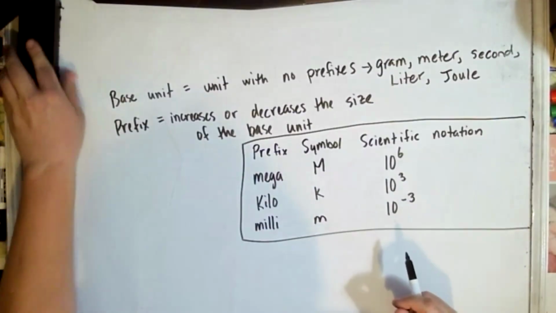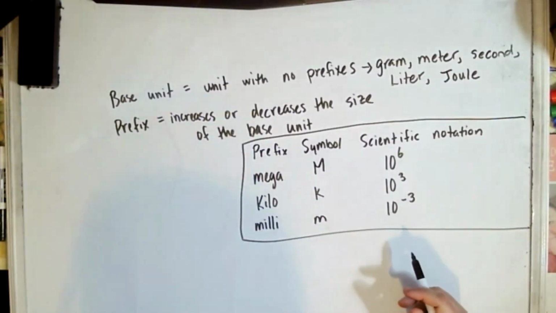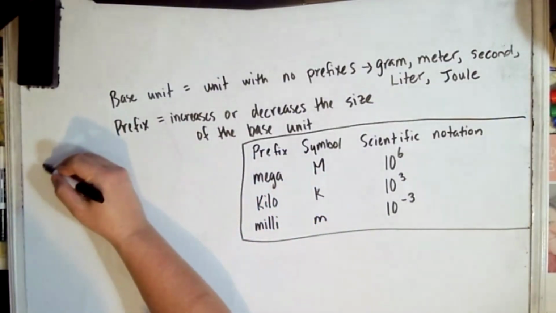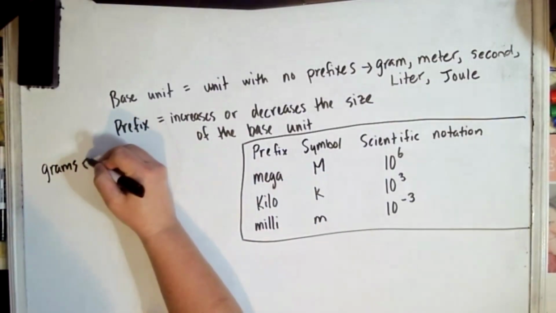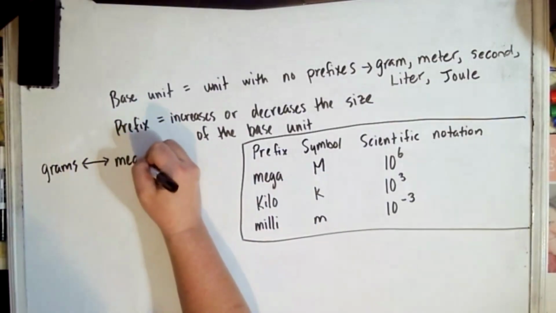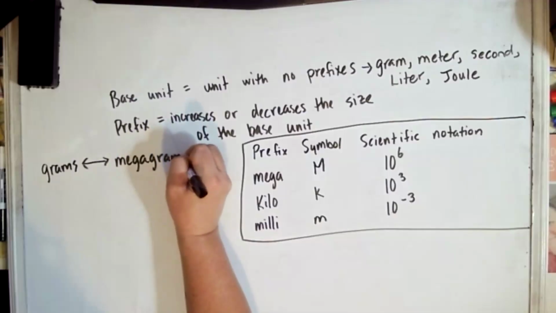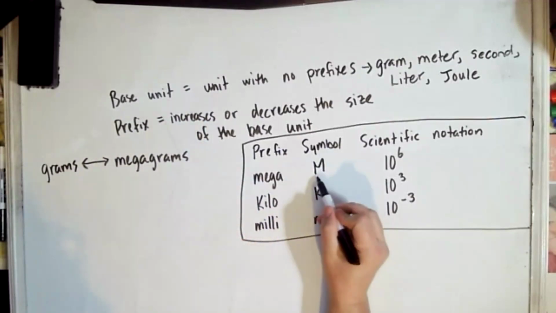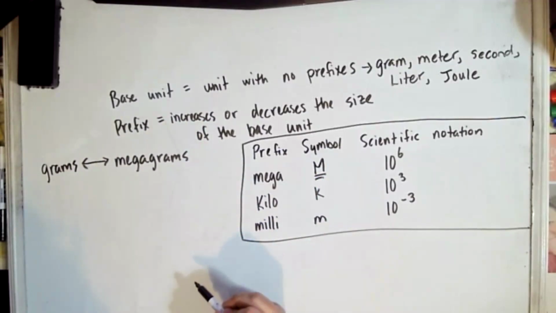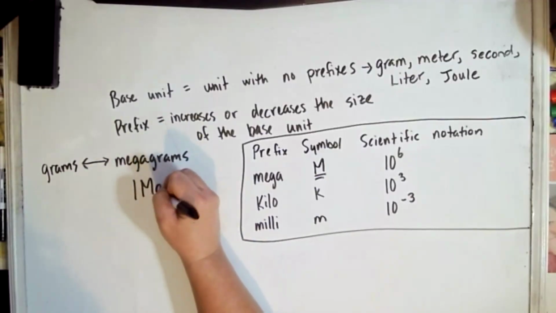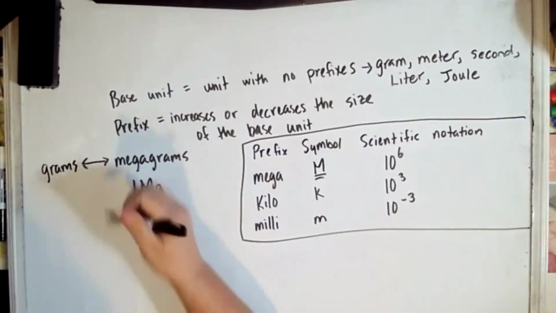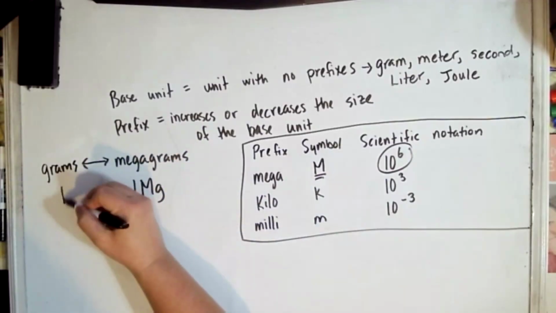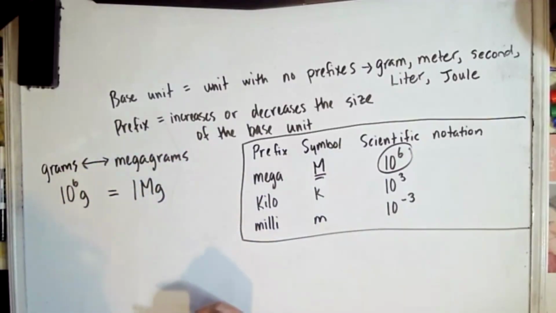So let's say that we want to write out an equality that relates grams and megagrams. To make this equality, we're going to put a 1 in front of our prefix value. So we're going to say that 1 megagram, capital M, G, that's megagram, is going to be equal to 10 to the 6 grams.